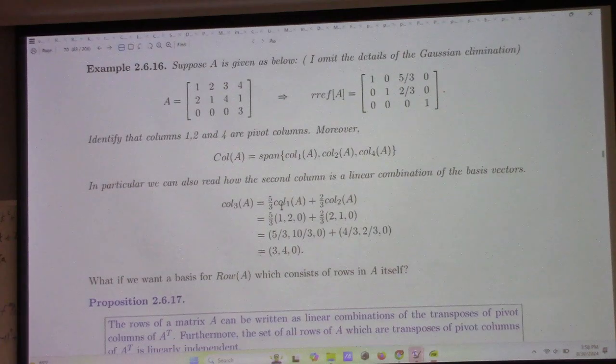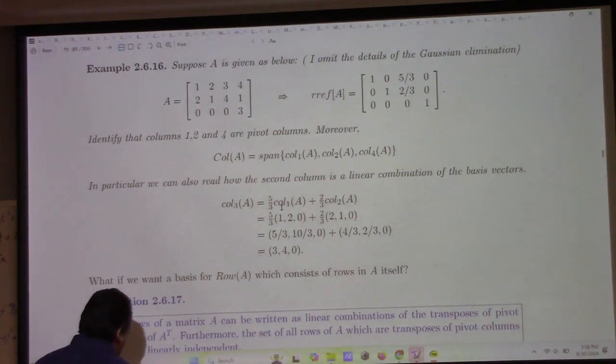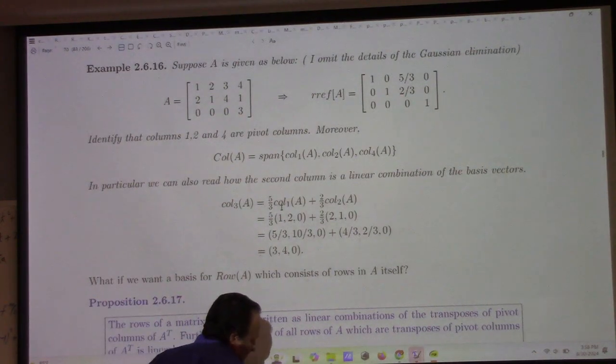The null space though, it's not manifest. You can't just read the null space straight off the matrix. We have to do that little calculation.